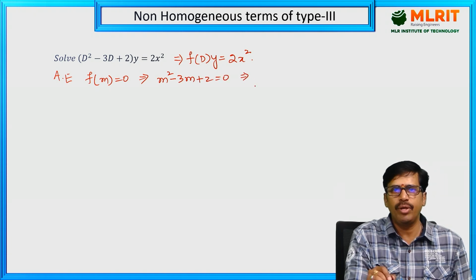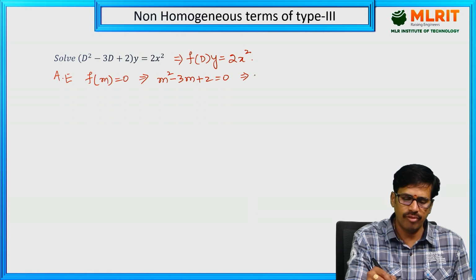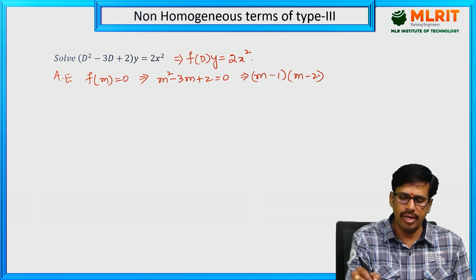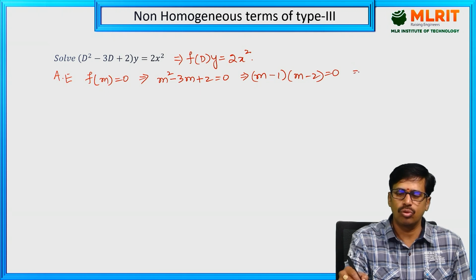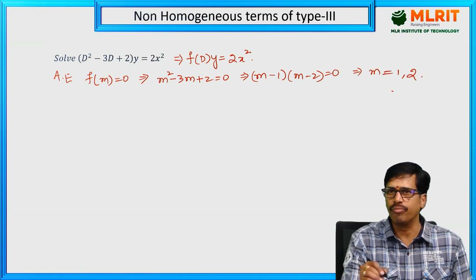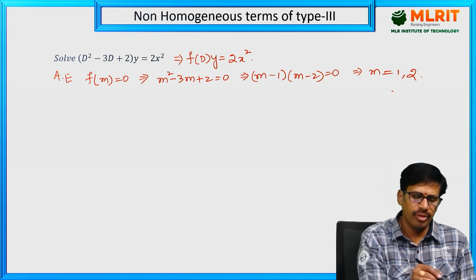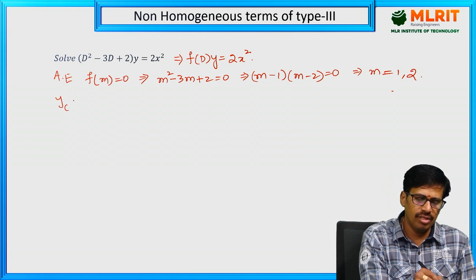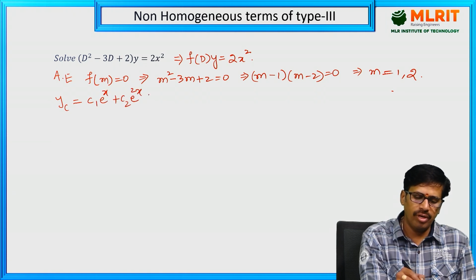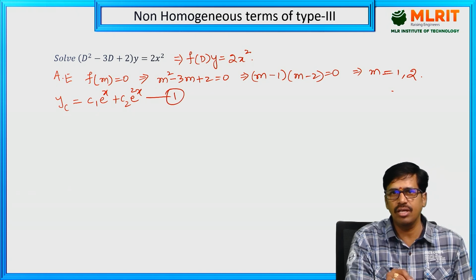So there will be two roots for this equation. Let us find those, which can be written as (m minus 1)(m minus 2) equal to 0. So there are two roots, m is equal to 1, 2. Both the roots are real and different. So how to write down the complementary function? Yc is equal to c1 e power x plus c2 e power 2x. Let it be equation 1.